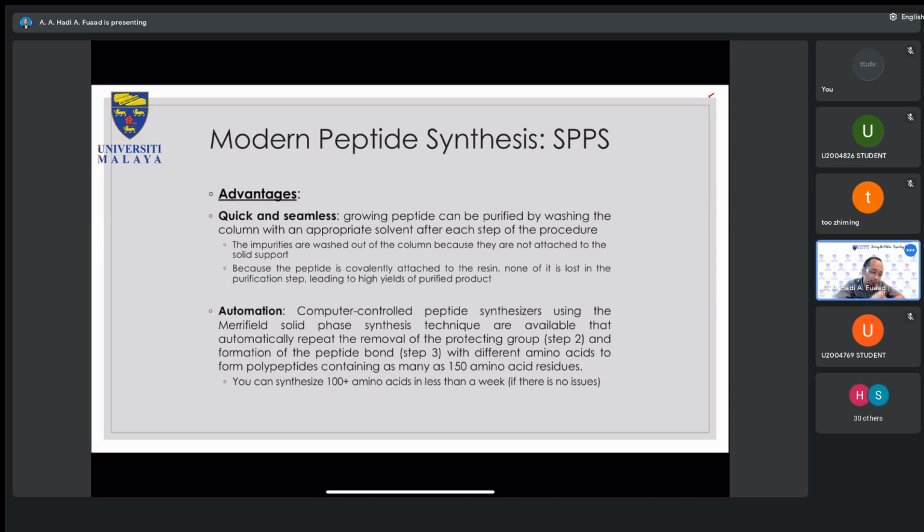But there are like 3 main solvents being used, even though you can just use a single one, but there are alternatives, okay? And by just washing it straight away off the column, of course, you can remove the impurities very, very quickly, very, very efficiently. And because the peptide is covalently linked to the resin, it will just stay intact. It will stay in the column, okay?